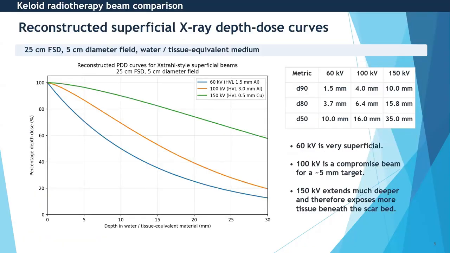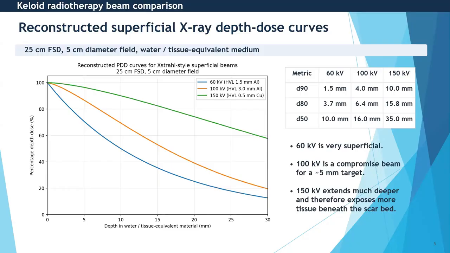Now here's a graph showing these depth doses, and it's for 25 centimeters focused surface distance. Some superficial units have different distances from this. So as I say, this is representative data, and it's showing how the depth in water and how the beam falls off in dose, going through, and this is up to 3 centimeters, 30 millimeters depth.